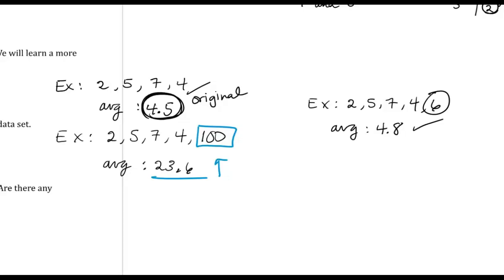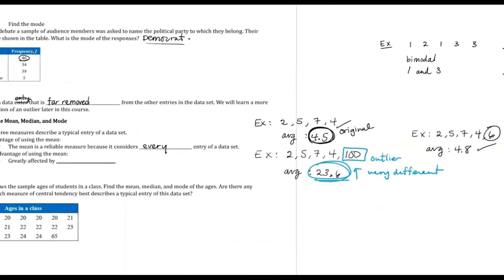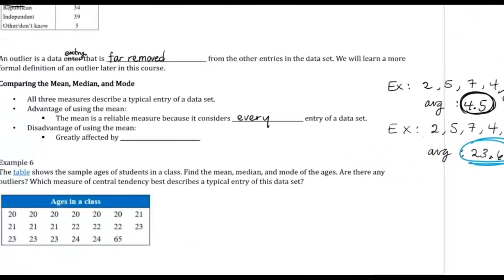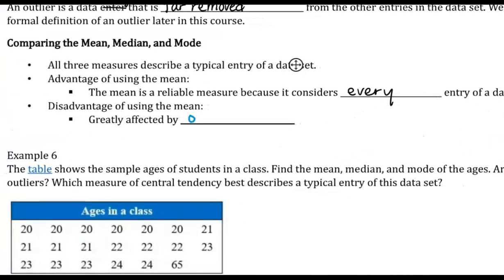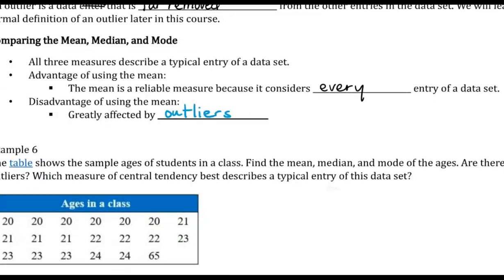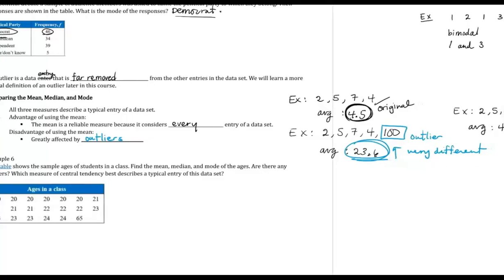So I add in 6, and the mean doesn't change that much, but I add in this outlier, which is very different from the rest of the data, and the average changes significantly. So that's a downfall of using the mean, because the mean is greatly affected by outliers. Outliers change the average quite dramatically.